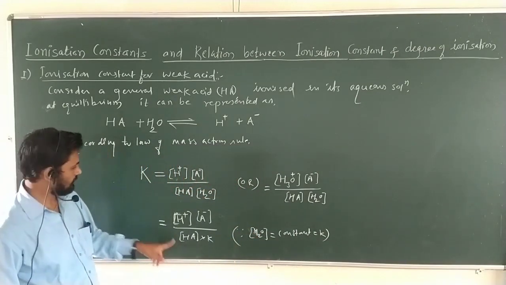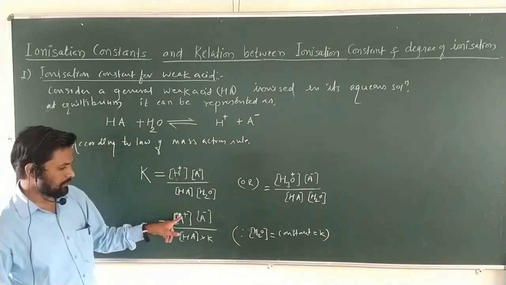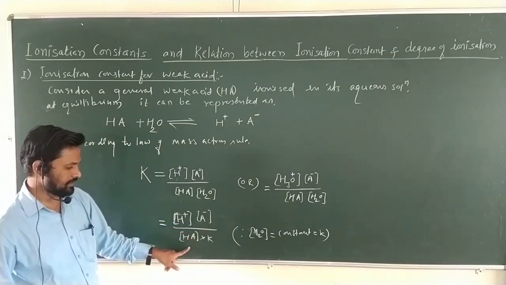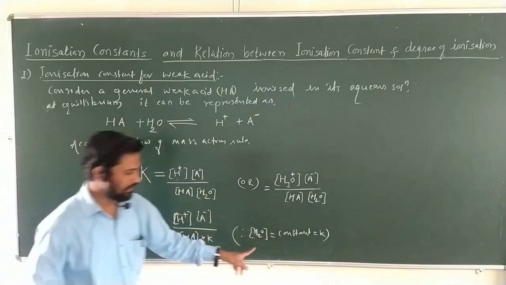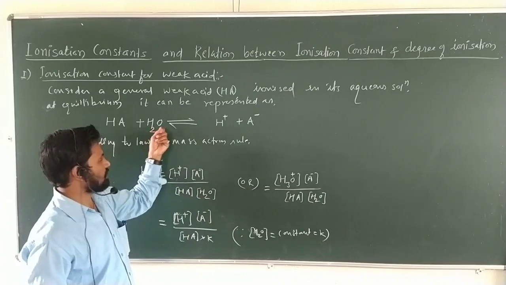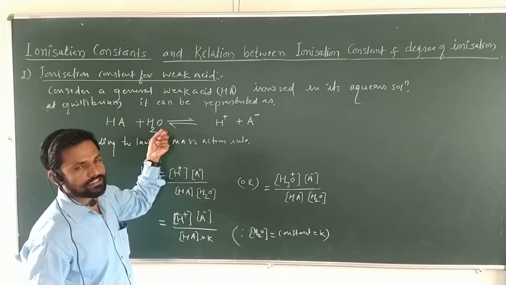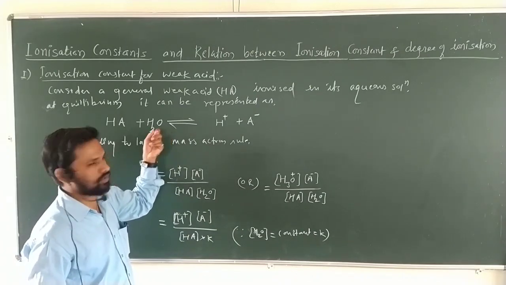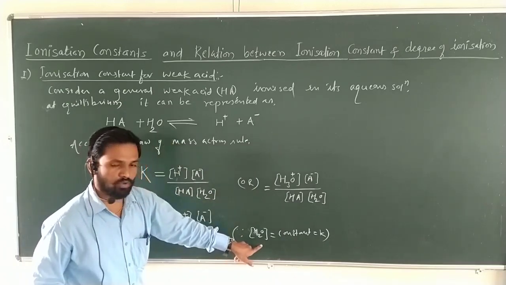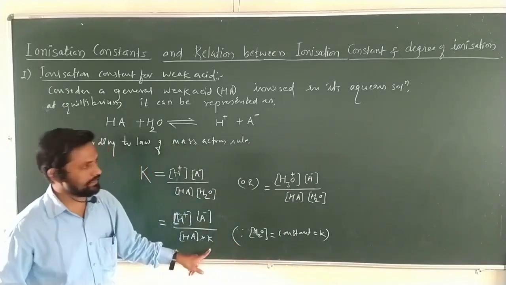It can be written as K equal to the concentration of H plus and A negative divided by HA into k. Why? Because the water is in excess quantity, practically negligible, and it becomes a constant value. Therefore, the molar concentration of water can be written as k.